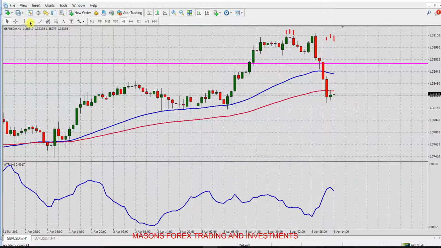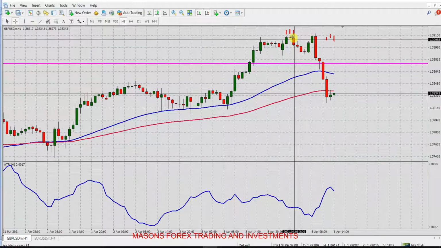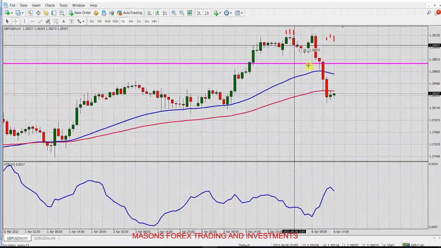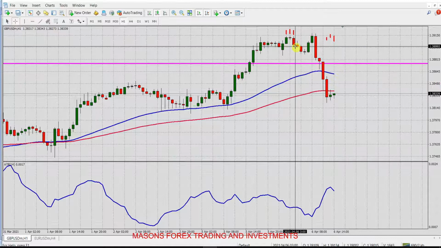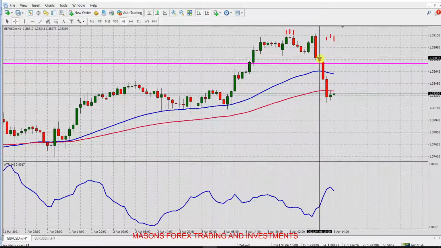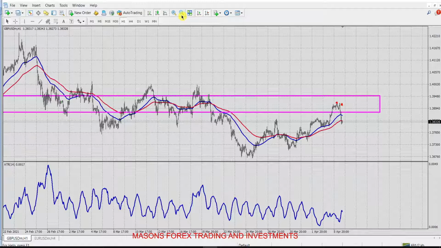So you could have been, if you entered on the close of this candle, this red candle here, let us measure, you can see you could have made some money around 68 pips. Or if you were not able to enter on that candle, and let's say you entered on this candle close, again, you could have made some money.